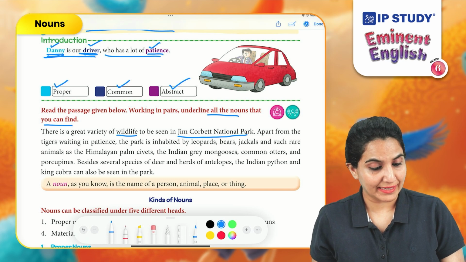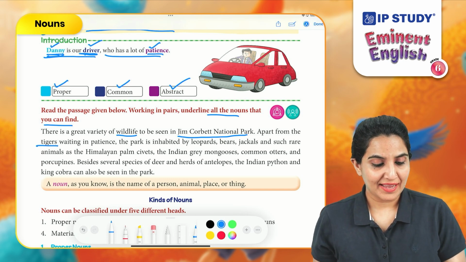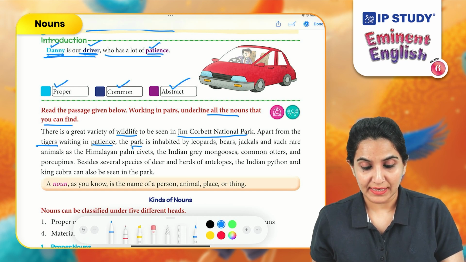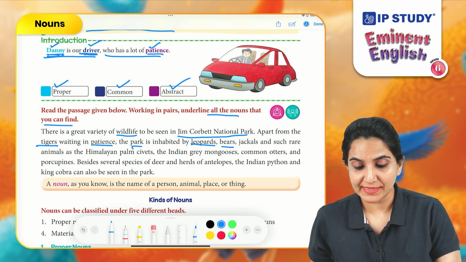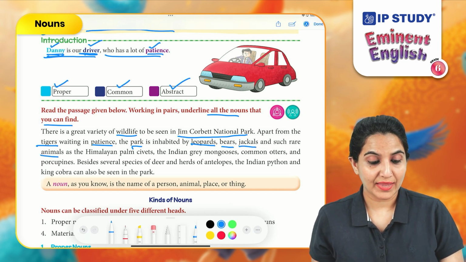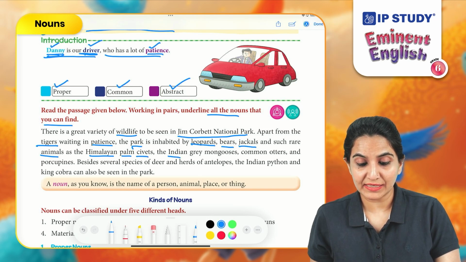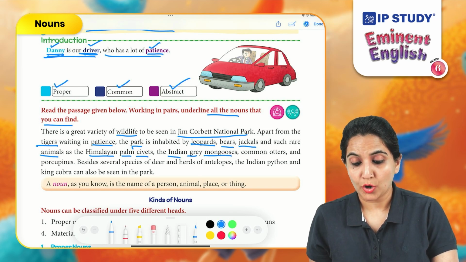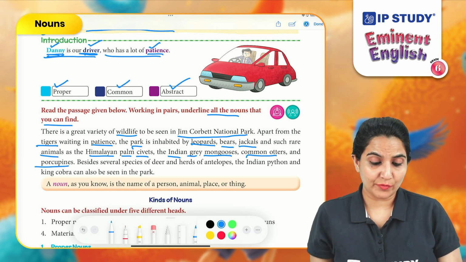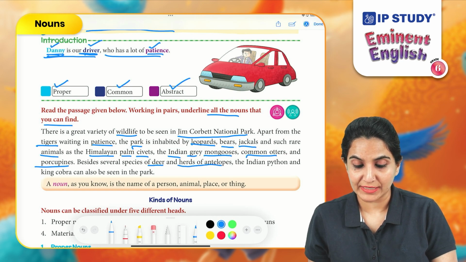Apart from the tigers, again, this is the name of an animal. Waiting in patience, the park is inhabited by leopards, bears, jackals, and such rare animals as the Himalayan palm civets, the Indian grey monkeys, common otters, and porcupines, besides several species of deer and herds of antelopes.